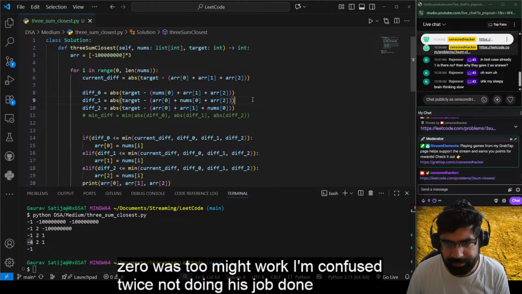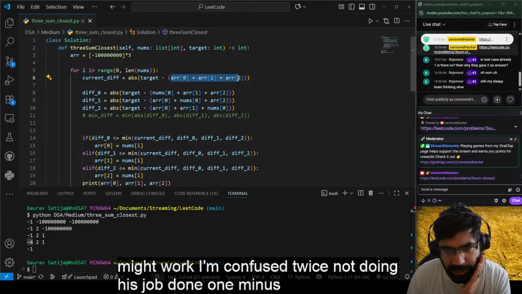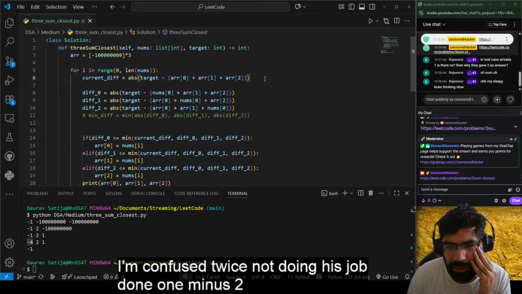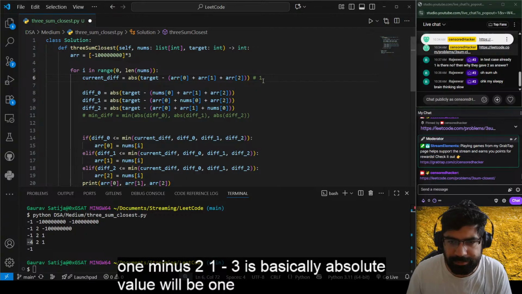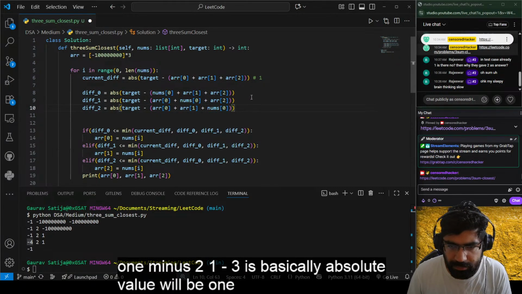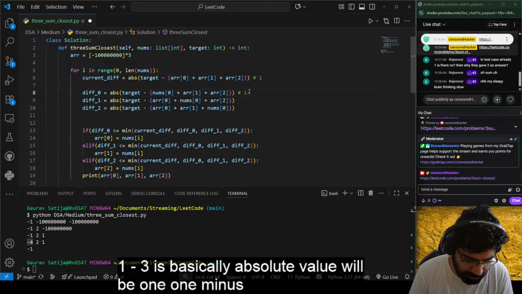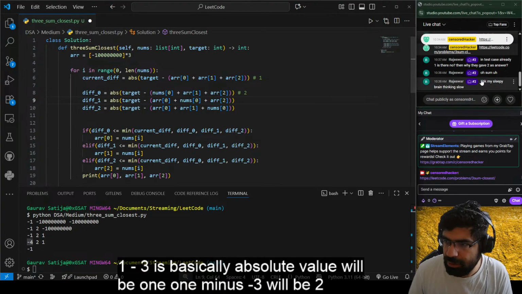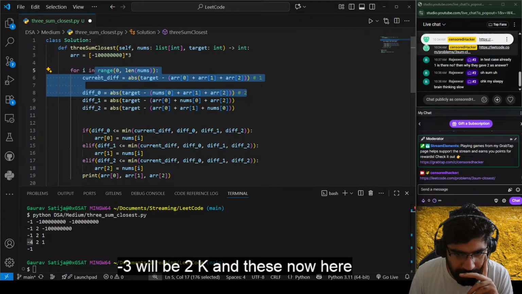1 minus 2, basically absolute value will be 1. 1 minus -3 will be 2. Okay. And these two here are changing. Why?